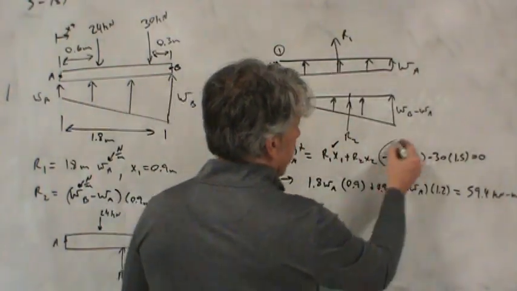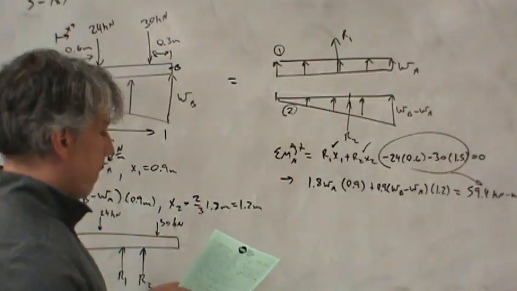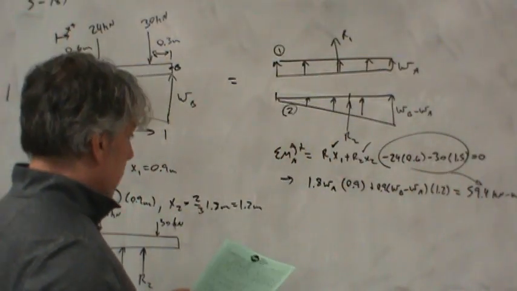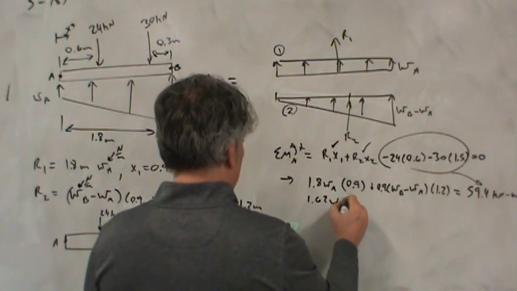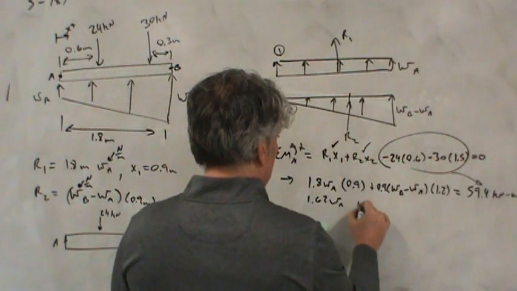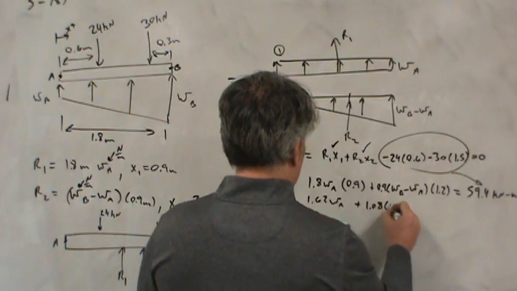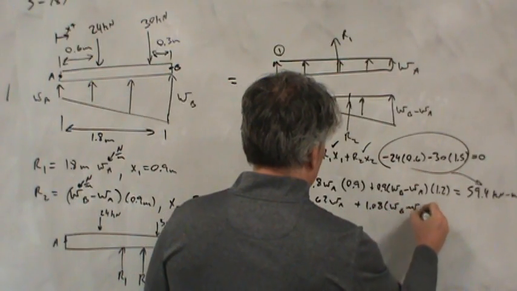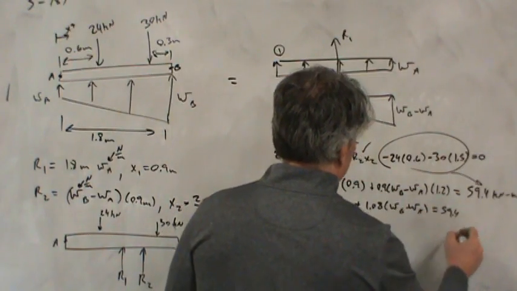So that's all of this over here, and we've taken care of this term. Multiplying these out, you get 1.62 WA plus 0.9 times 1.2 is 1.08 times WB minus WA equals 59.4 kilonewton meters.